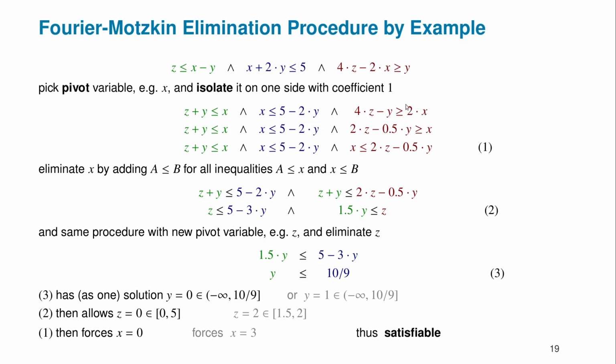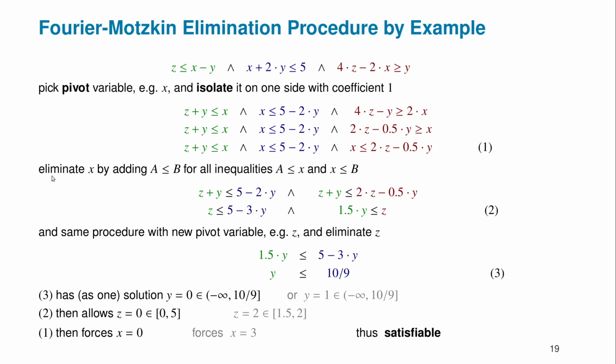We divide it and get 2 times z minus 0.5 times y is larger or equal than x, and in order to get the x on the other side, we simply switch this larger or equal than to a smaller or equal than. Yeah? And then we have this representation where we have only smaller or equal than inequalities.